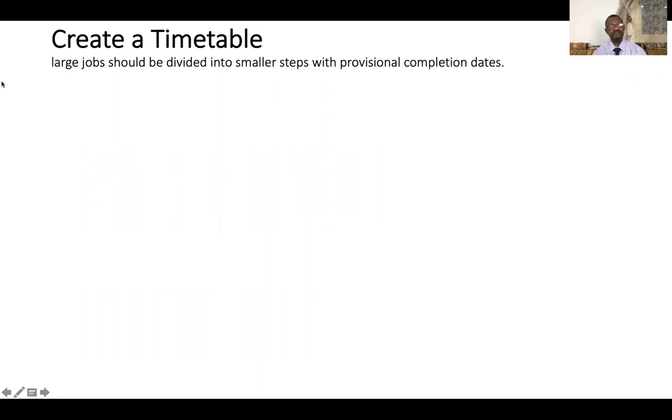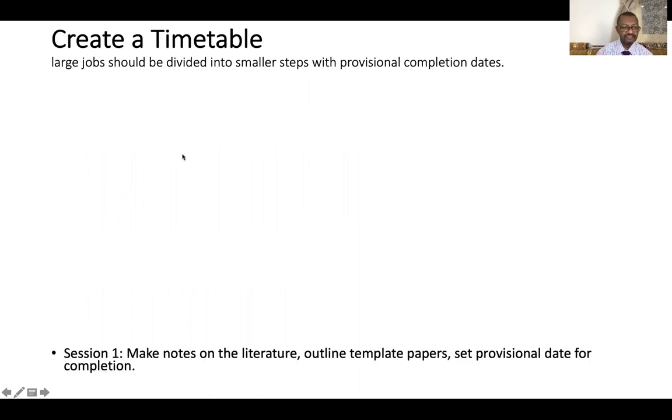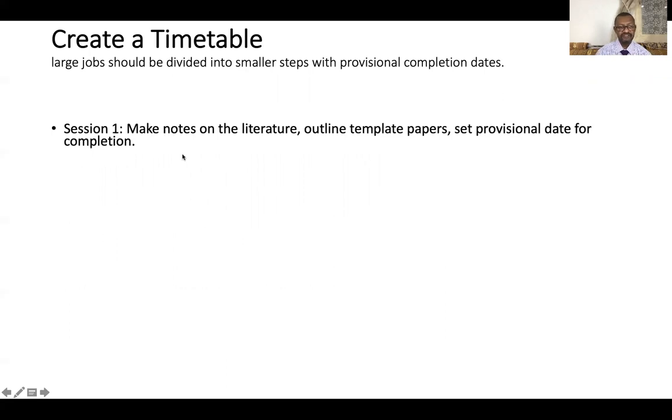A large job should always be divided into smaller steps with professional completion dates. So here is a suggestion for the creation of your timetables. In section 1, make notes on the literature, outline template papers, and set professional dates for completion of your papers. Also, devise an outline and the title for your paper.